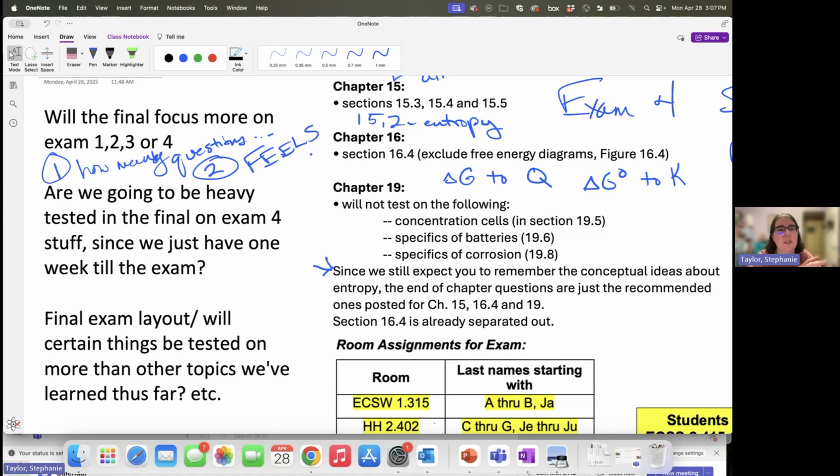Those questions tend to stand out in your memory more, because they're ones that we haven't been talking about as much over the semester. They have a tendency to stand out in your mind and feel like a bigger emphasis than maybe they actually were.